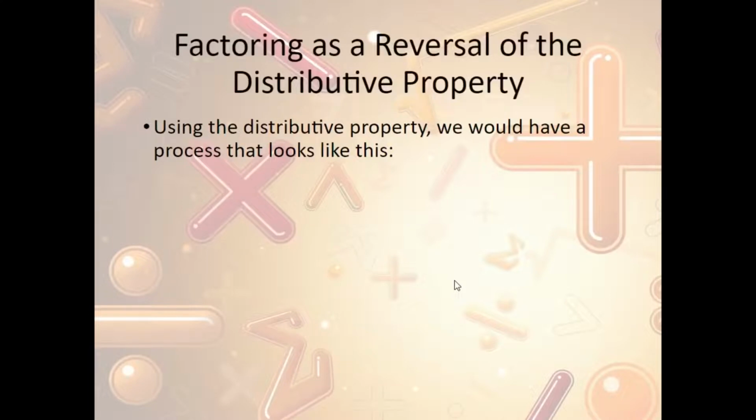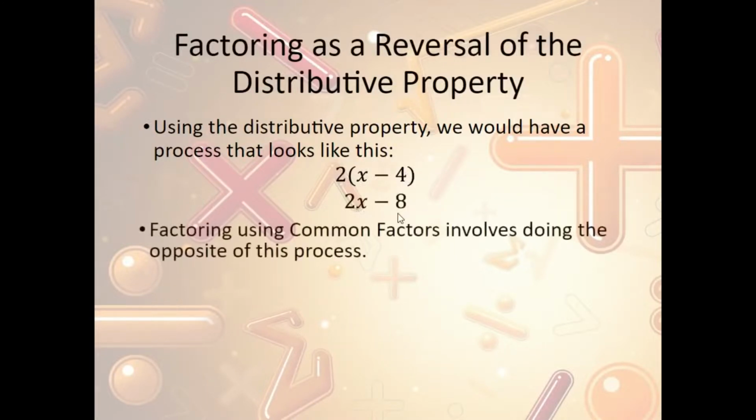So factoring is really just a reversal of the distributive property. For instance, with the distributive property, we had something that looked like this earlier. So we had 2 times x minus 4. Well, we multiply 2 times x and 2 times negative 4, and we get 2x minus 8. Now, if we were to factor this, we're looking for something that's in common between the two of them.